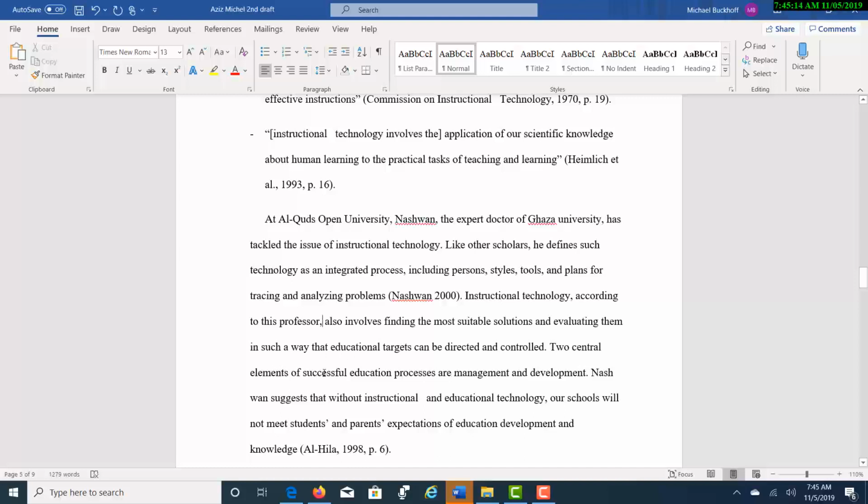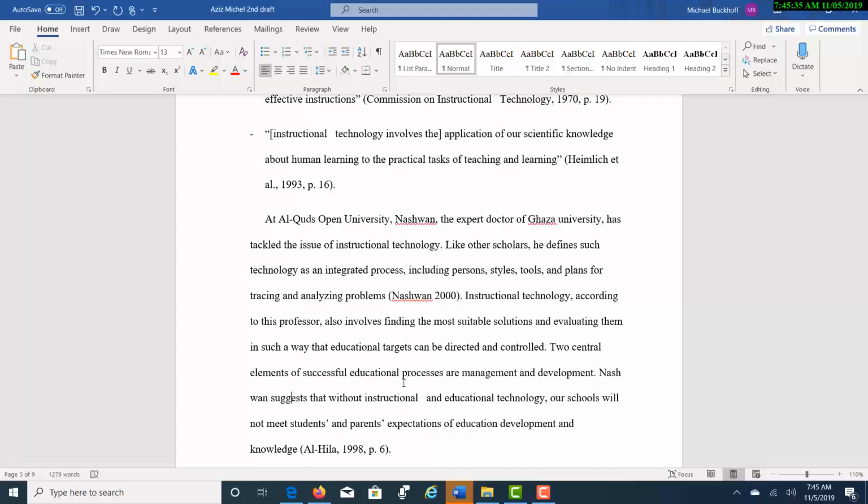Two central elements of successful education processes. Now, here's what you've got to look at. So you go back with education, educational targets. Now, I think you probably should go back and look at some of these terms. I think you need an adjective here based on your consistency.